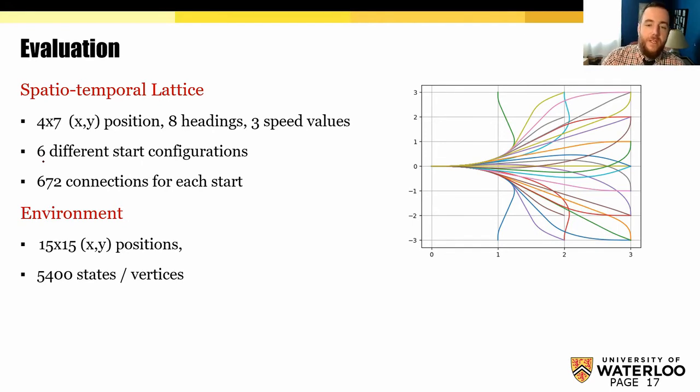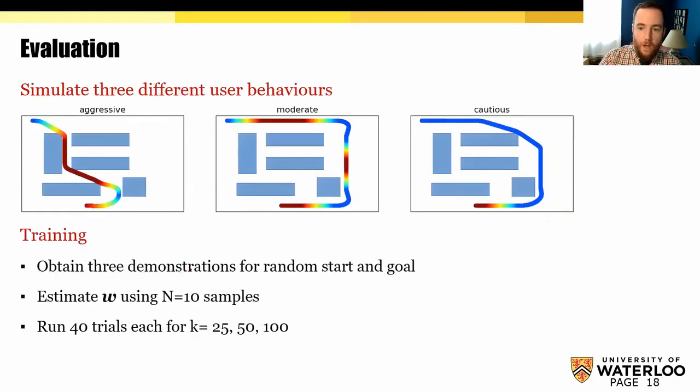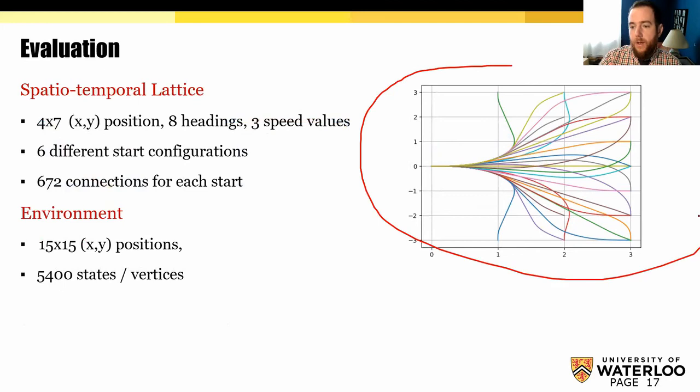This results in 6 different starts and 672 connections for each start. The environment we used was a 15 by 15 grid, again with 8 headings and 3 potential speed values, resulting in 5,400 different states. On the right is an example of one of the k-spanning control sets that we were able to generate.